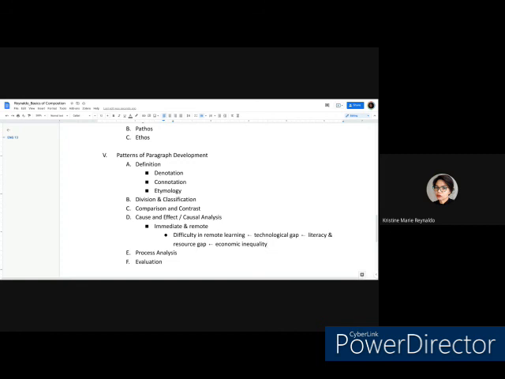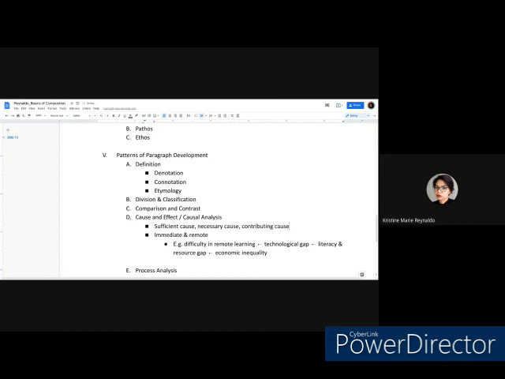But the basic point is that in your essays, you can help explain something by looking at its causes and effects. And if you want to elaborate further on causes and effects, you can make an analysis of immediate causes versus remote causes. Another thing that you can consider when doing causal analysis is to make a distinction between sufficient causes, necessary causes, and contributing causes or contributing factors.